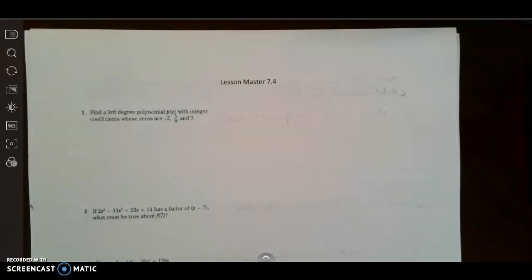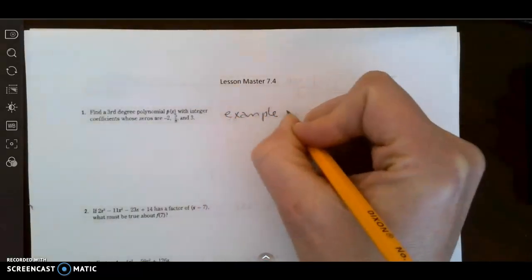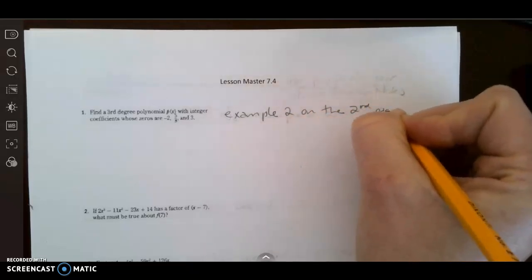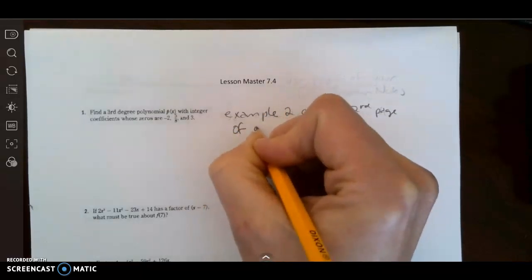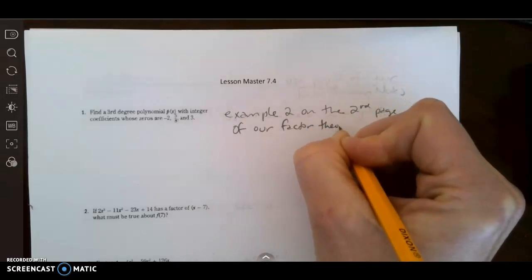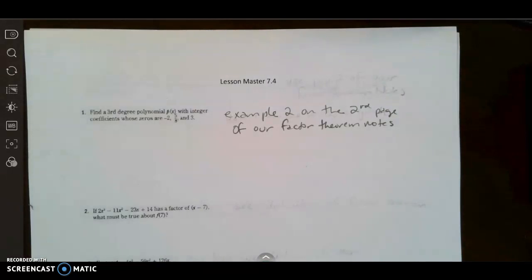Well, if you go to example 2 on the second page of our factor theorem notes, it's the same exact type of problem. So if you follow what we did in that example, you should be able to do number 1. Follow the same steps.